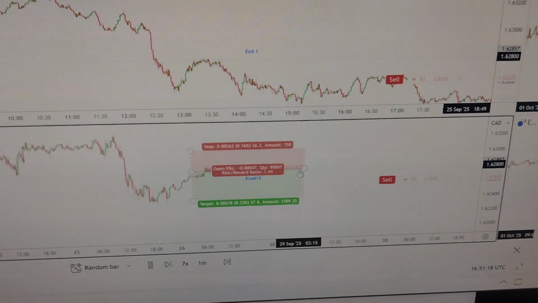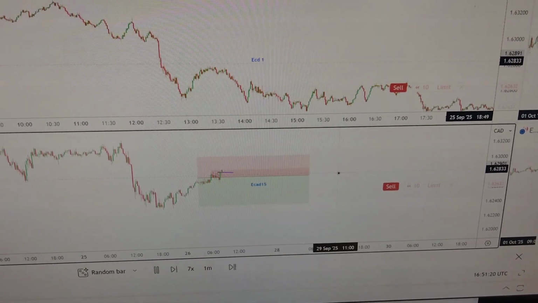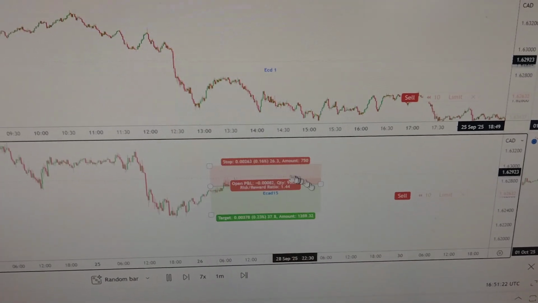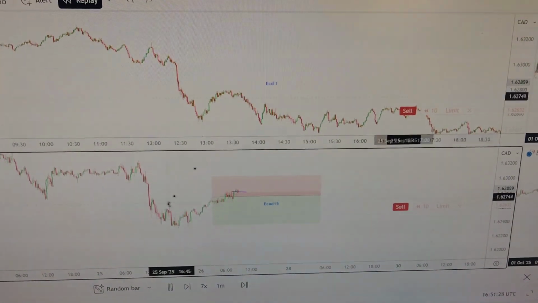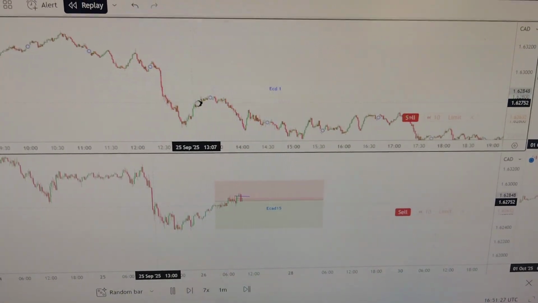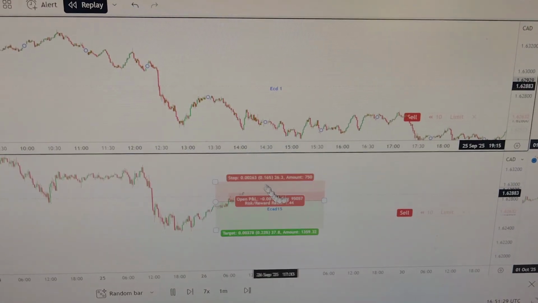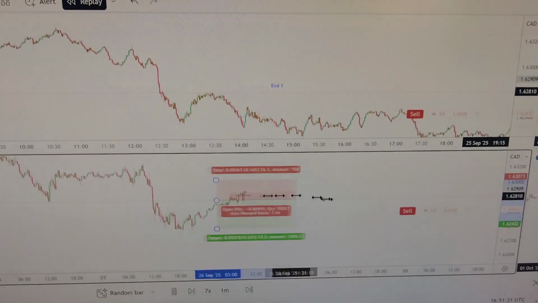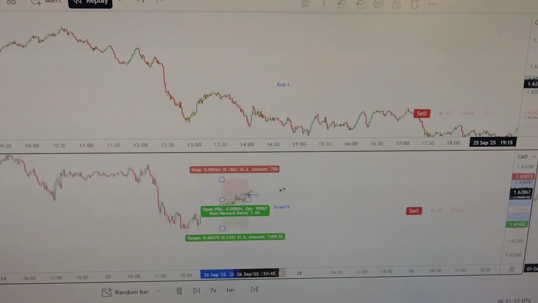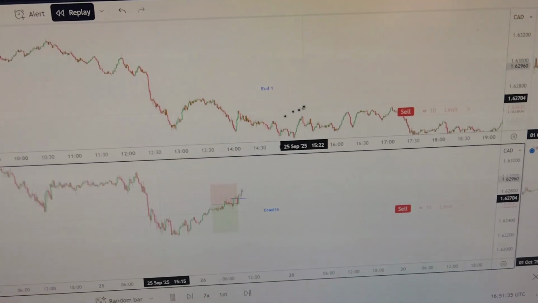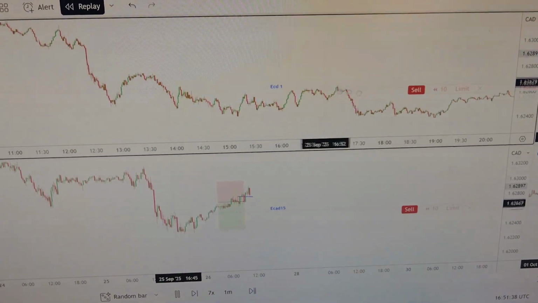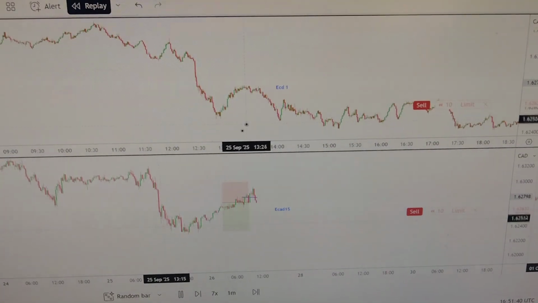Okay, so looks like we got stopped out for a small loss, and this fractal has started to diverge. So we took a small loss like this. Okay, and I mean, these two started to not match.